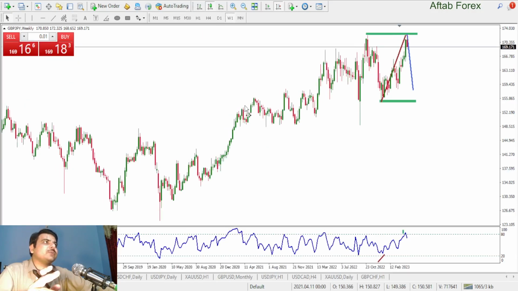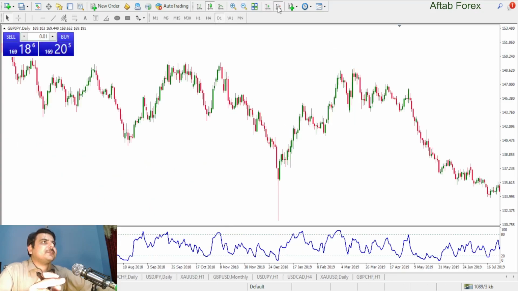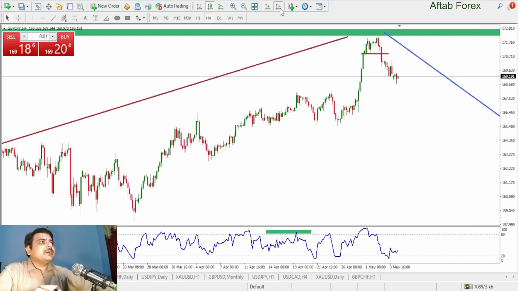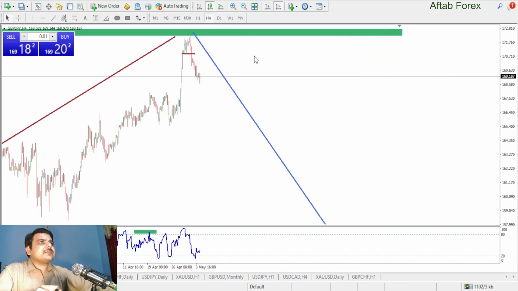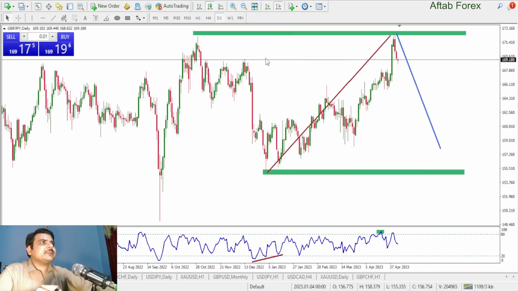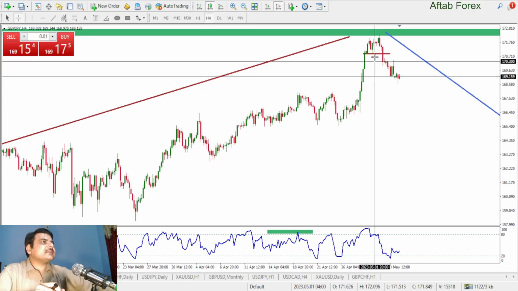Let's check it out on the weekly once again. We have a very big sort of divergence on the weekly time frame for a sell, but let's see. Now, in the previous video, if you remember, and I'm sure you will remember, we discussed that pound yen is going to create a double top, but before that it has to go down to 168.